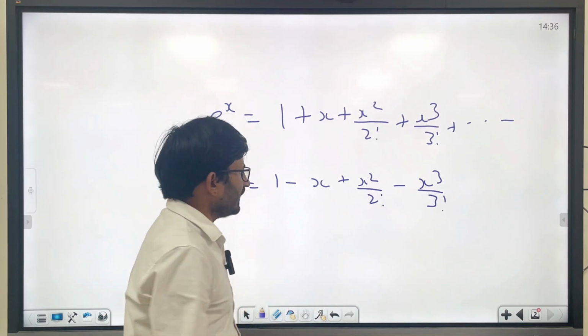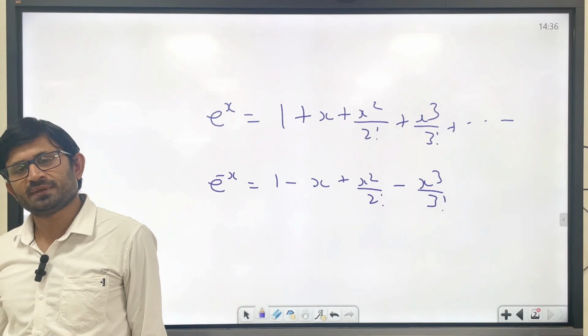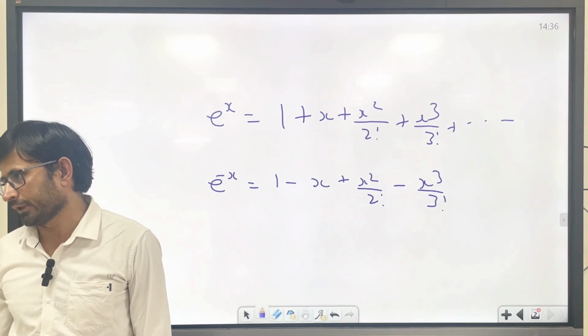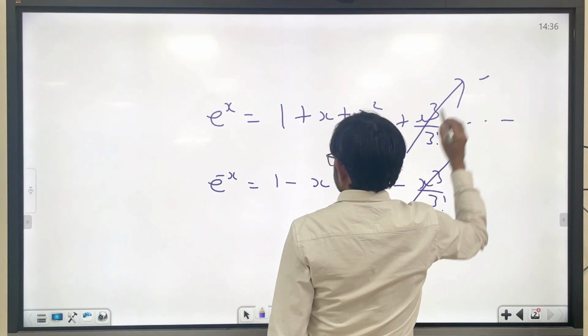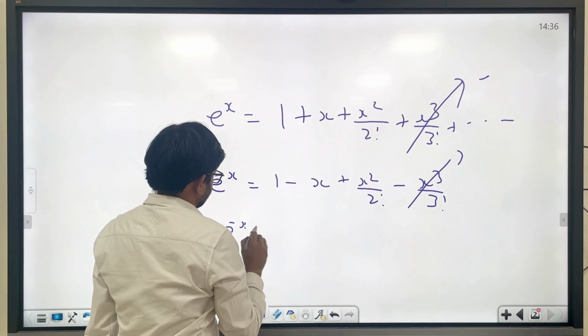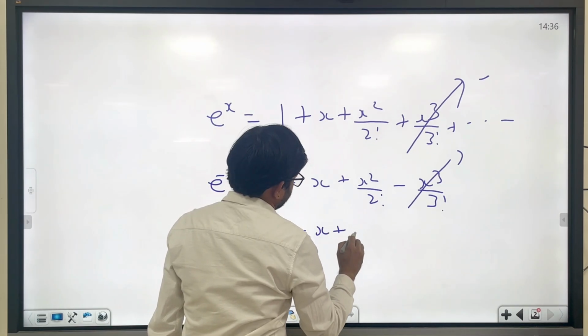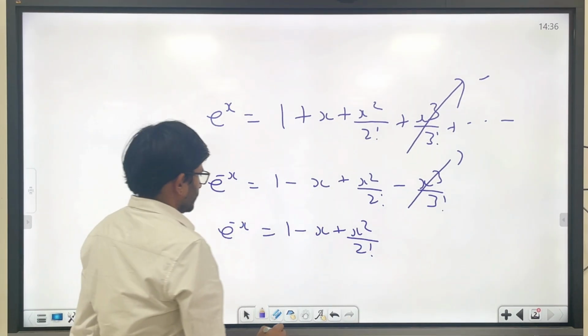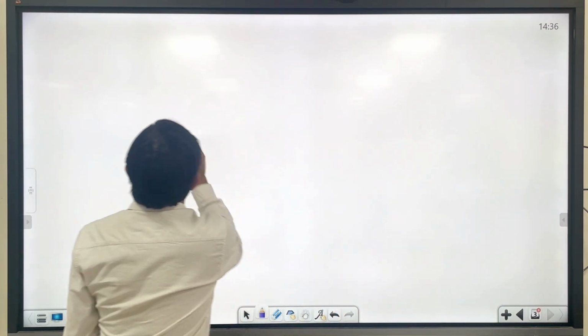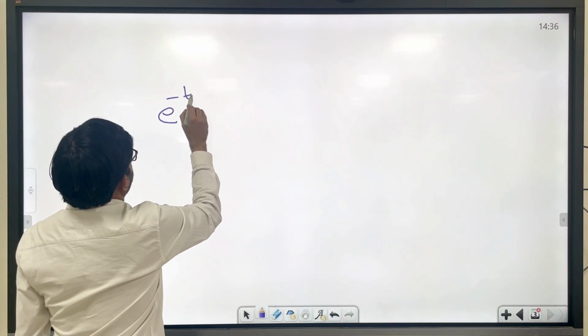I said already I am interested in going up to second order, so I will neglect this part. So e to the power minus x will be 1 minus x plus x square by factorial 2. So how will you model e to the power minus Td into s?